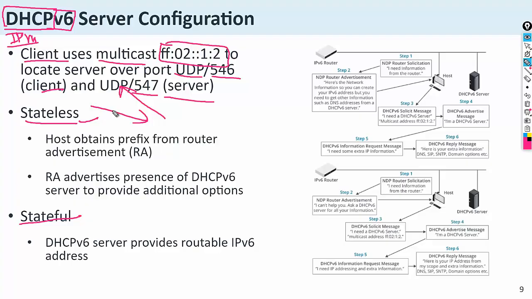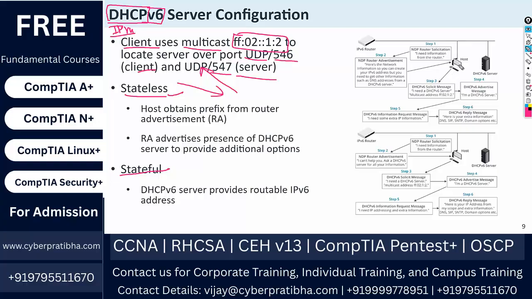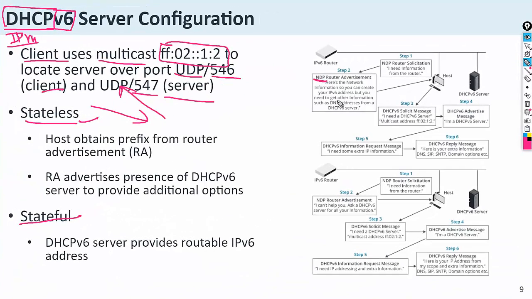Okay, so how will it work? Like this host, in step 1, it will try to find out the nearby router. The nearby router always sends NDP, Neighbor Discovery Protocol, where it just advertises, like, I am an IPv6 router, and I can offer the DNS address and DHCP server.